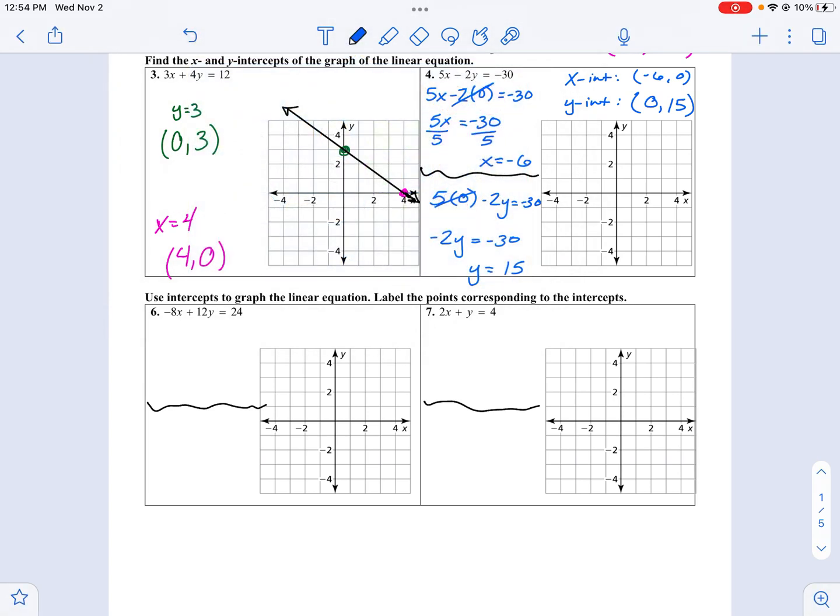Okay, so to find the x-intercept, I'll set y equal to 0, but 12 times 0 is 0. Negative 8x equals 24. x equals negative 3.